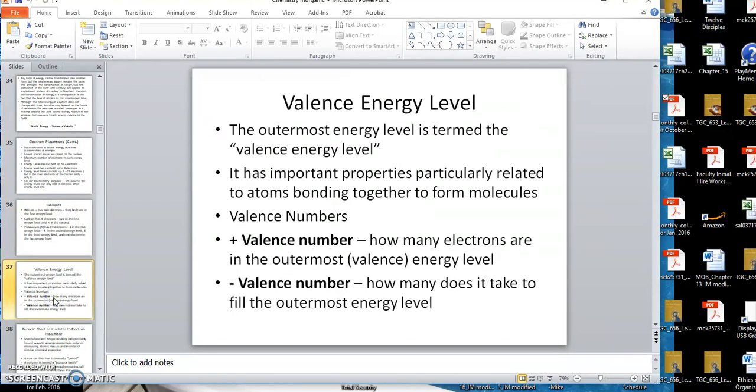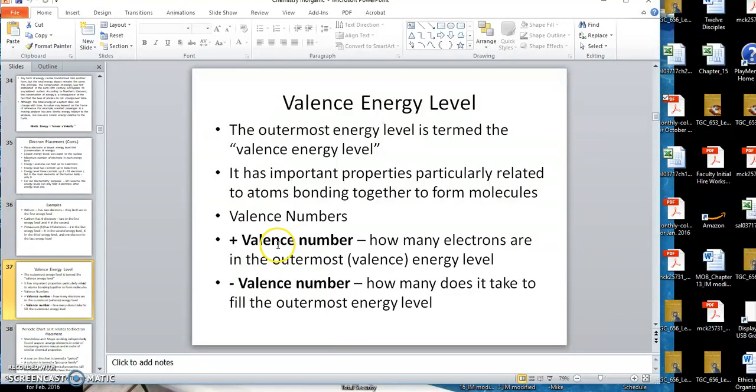Now, another concept of importance. The number of the electrons in the outermost shell is called the valence energy level. So the valence energy level, a valence shell, is the outermost energy level. That's of importance to us. Okay. We have something we call valence numbers. We have 2 valence numbers, and some books use one or the other.